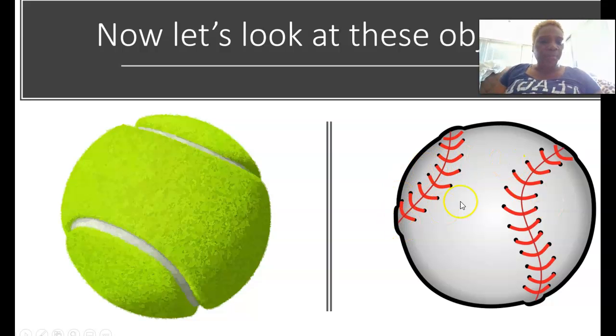So this ball, it's white and it has red stripes. So that's something that's different. They're both balls, but they're different because they're different kinds of balls and they're different colors. So this is a tennis ball and this is a baseball. Almost the same, but there's a difference. All right, friends, let's continue on.